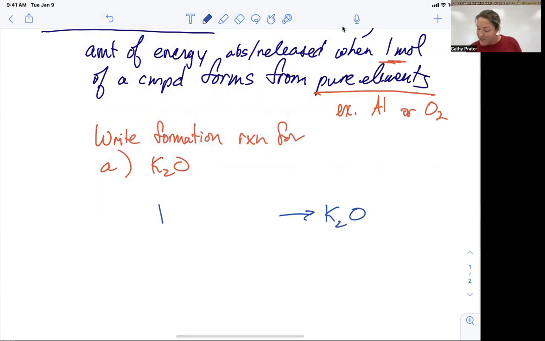I'm going to make it from K and O. Oxygen is diatomic, so I'm going to put a 2 there. When I balance this reaction, I cannot add anything before the K2O, because the definition is for 1 mole, so that coefficient needs to stay a 1. So the way I'm going to balance the reaction is by adding coefficients, even if they're fractions, to other things. So for example, I'm going to balance the K's with a 2, and I can balance the O's with a 1/2.